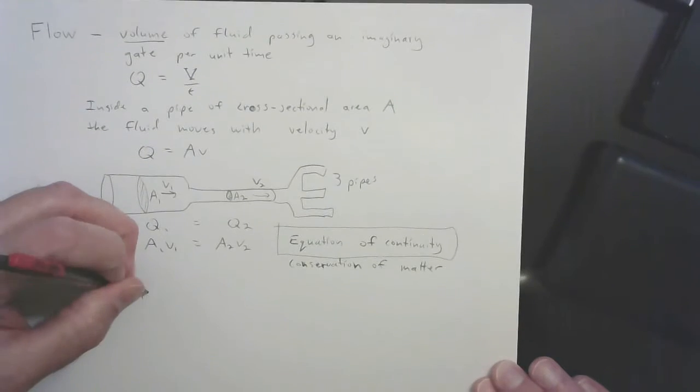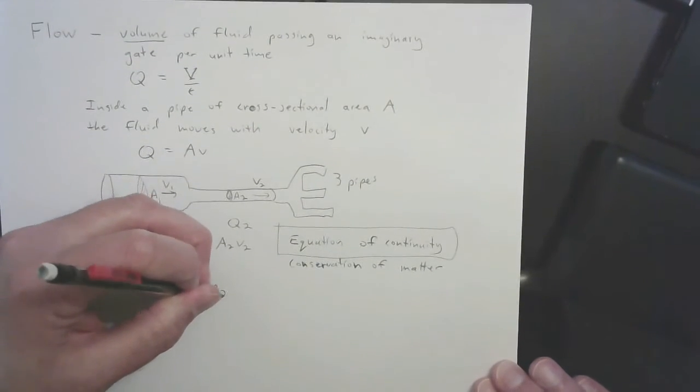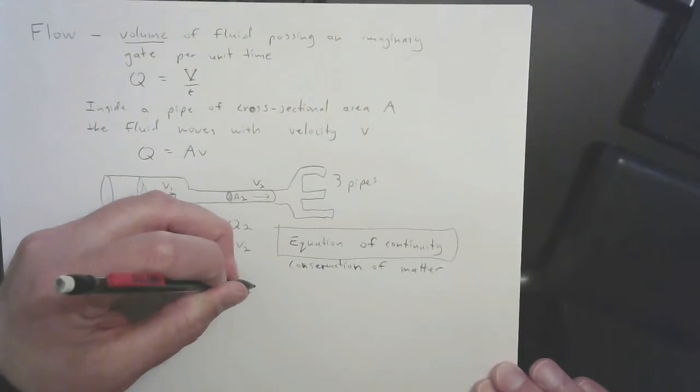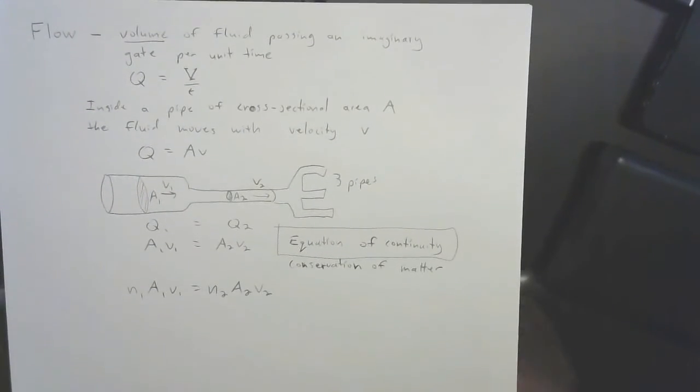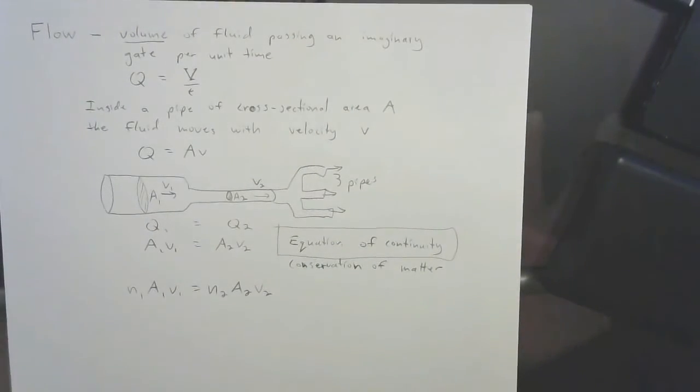This is the number of pipes for the first half of the problem, and this is the number of pipes for the second half. So you can split up the pipes into more pipes and keep track of the accounting. You start with 1 pipe and it splits into 3, so you put 1 there and you put 3 there.